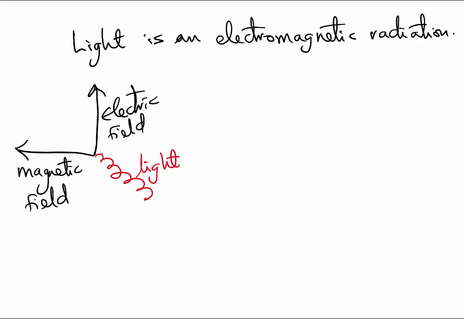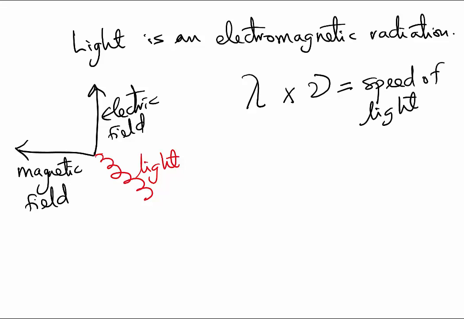And since light is also a wave, the product of its wavelength and its frequency is equal to the speed of light, which has an approximate value of 3.0 times 10 to the power 8 meter per second.